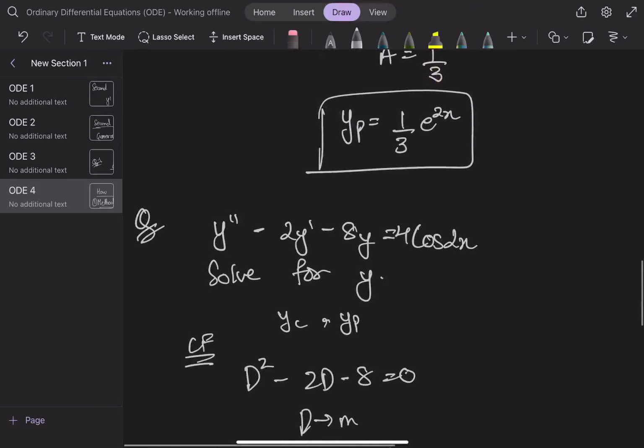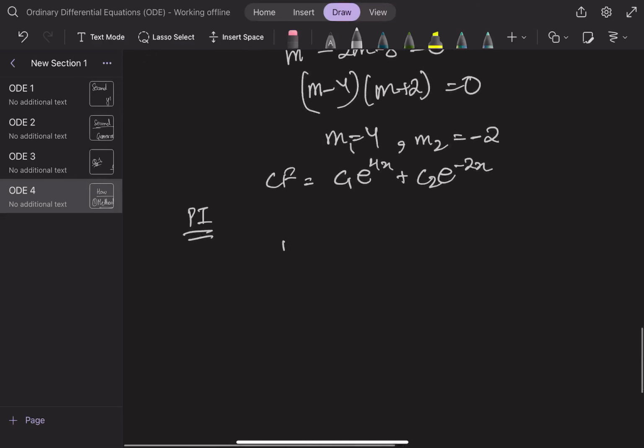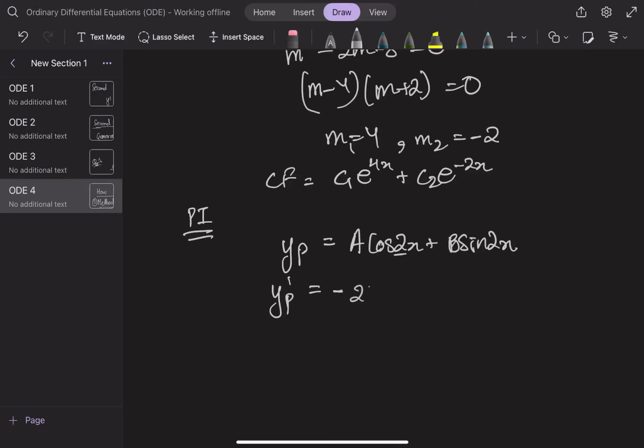So the RHS is 4 times cos 2x. So what are we going to assume? We're going to assume a cos 2x plus b sin 2x. Now let's differentiate this. yp' is, as you know, the differentiation of cos x is minus sin x, and you'll multiply with 2. So minus 2a sin 2x plus 2b cos 2x.